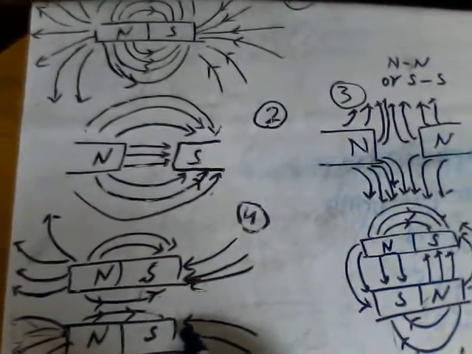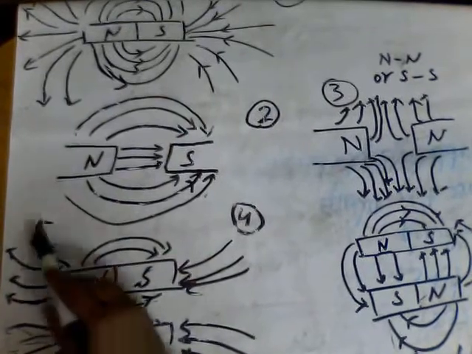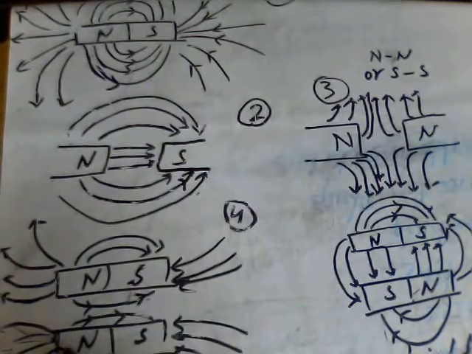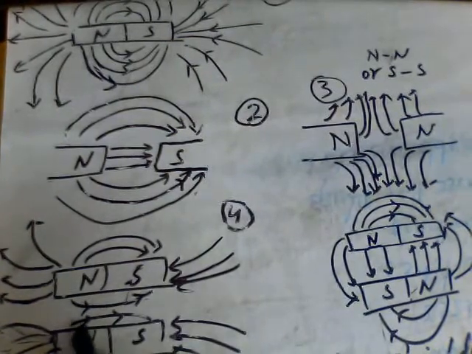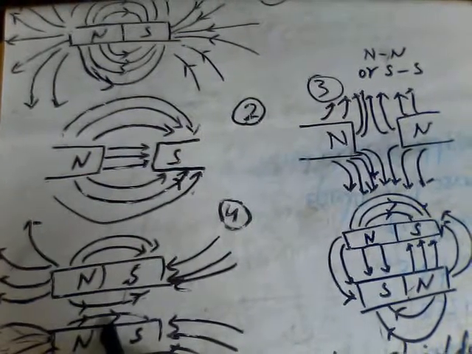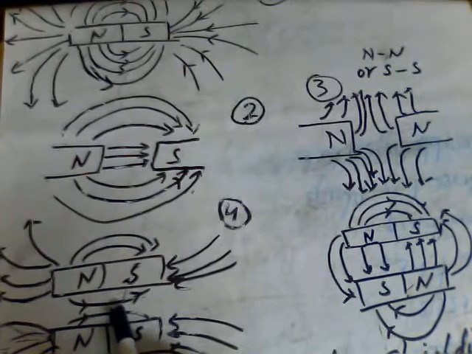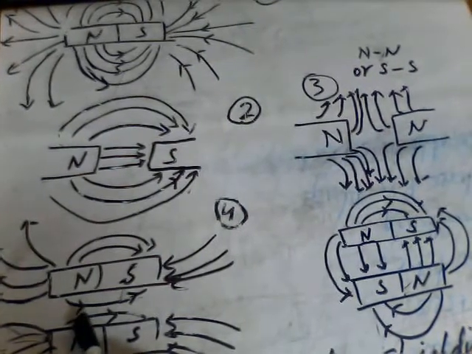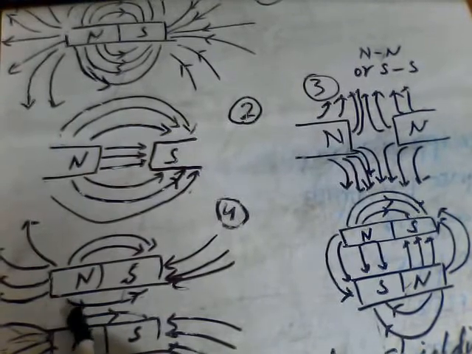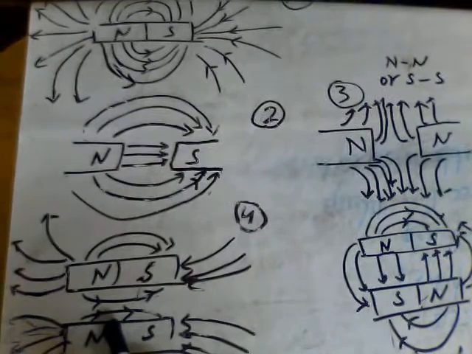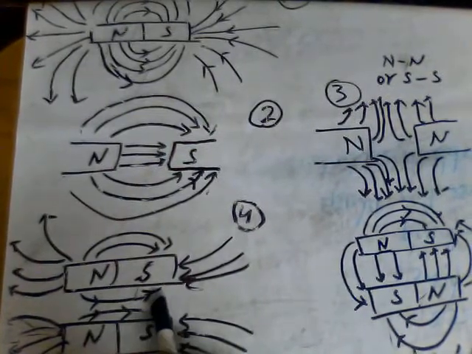Here also north to south, but due to the repulsion, they will remain here. The elliptical shape will not be formed. They will be nearly straight, not 100% elliptical, but almost a straight line like this one.